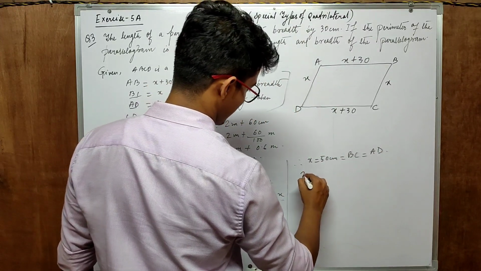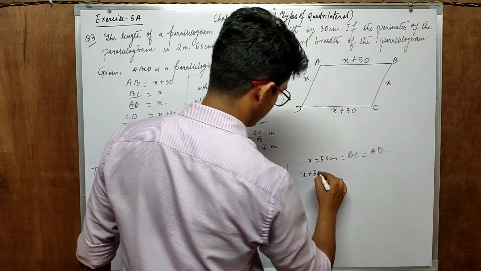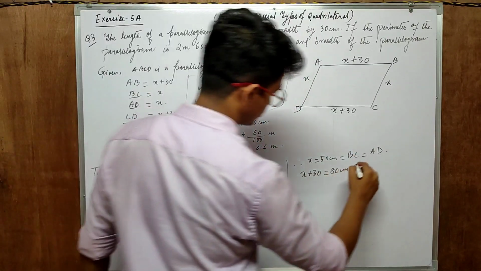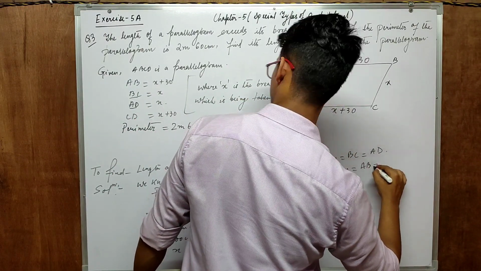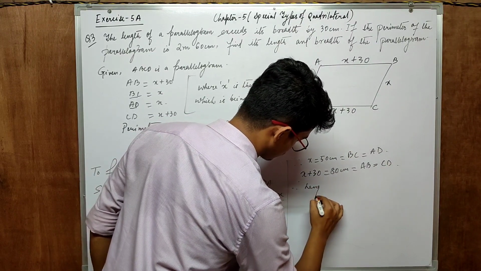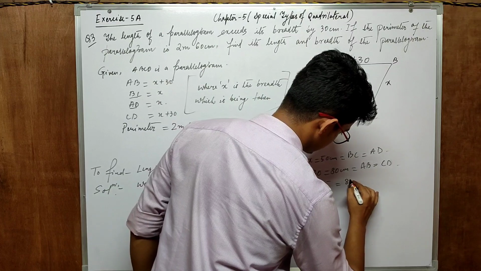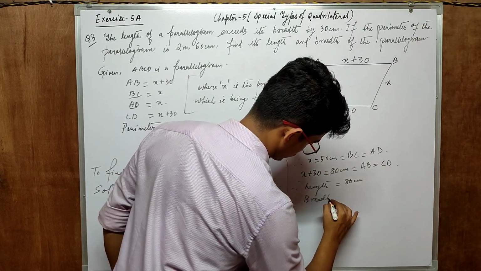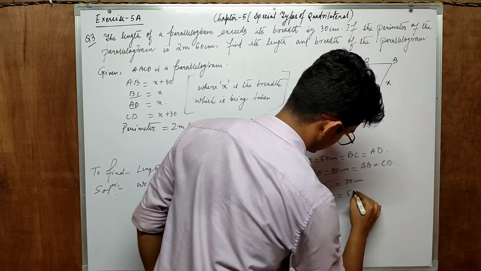And x plus 30 will be 80 centimeter, which is equal to AB and CD. Therefore length equal to 80 centimeter and breadth equal to 50 centimeter.